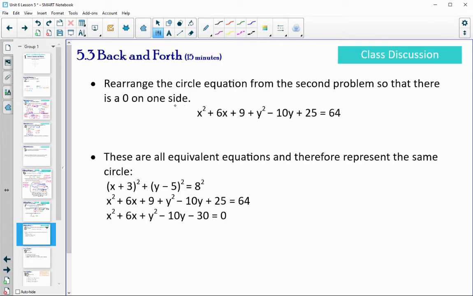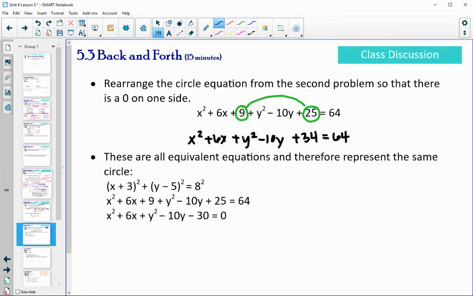All right, if we rearrange the problem we just looked at to get this 64 to the other side, remember, one way we could manipulate this equation is to combine these numbers. They're both on the same side. This side gives us x squared plus 6x plus y squared minus 10y. And if I add together these constants, 9 plus 25, I get 34, equals 64.